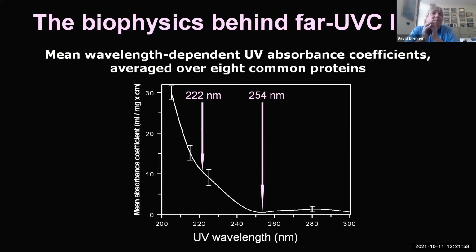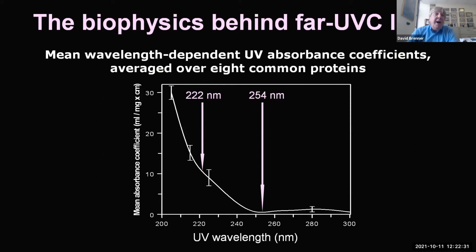What I'm showing here is the absorption of UV photons as a function of wavelength in proteins. And there is a protein resonance essentially around 200 nanometers. So you can see at 254 that the UV light is not well absorbed by proteins at all, but at 222 it is, and that's the fundamental difference.